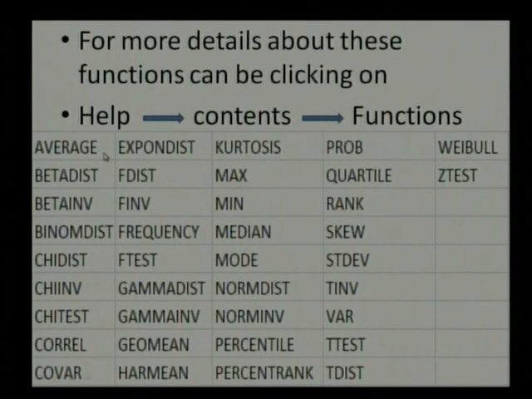Here we have a list of certain statistical functions available. So we have average, then beta distribution probability can also be easily calculated with the help of a built-in function, then binomial distribution, chi-square distribution, even one can use the chi-square test also. We can find the correlation between two variables, say x and y.